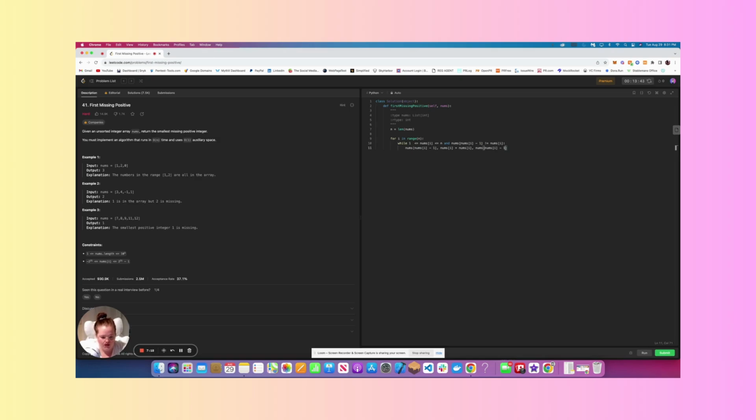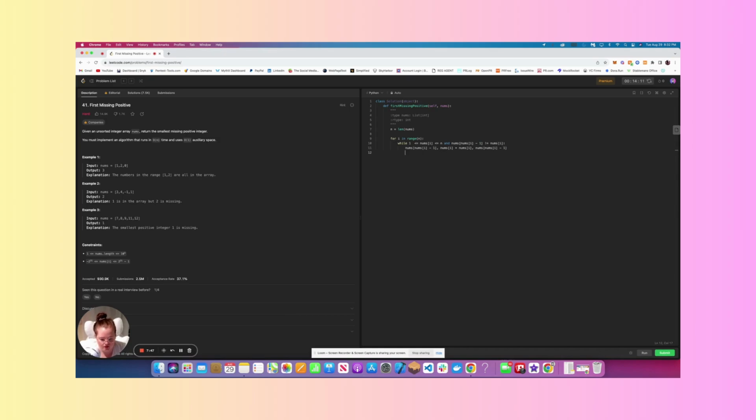So that will rearrange the array so that nums[i] is at index i, which is how I want this to start. And I also think it will coincide with the requirement for space and time in a perfect world.